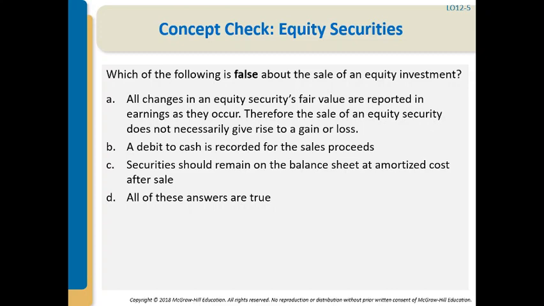True. B, a debit to cash is recorded for the sales proceeds. True. C, securities should remain on the balance sheet at amortized cost after sale. Well, no, you take it off. So C is false.